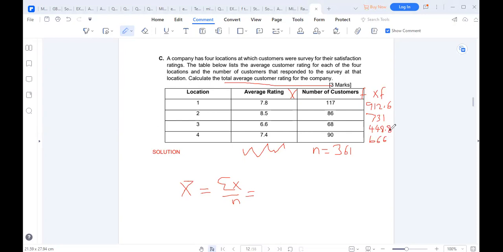Are you sure, 448.8? And what's the total? Yes.